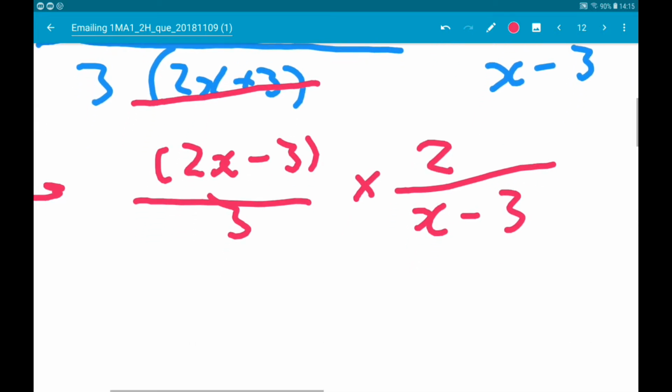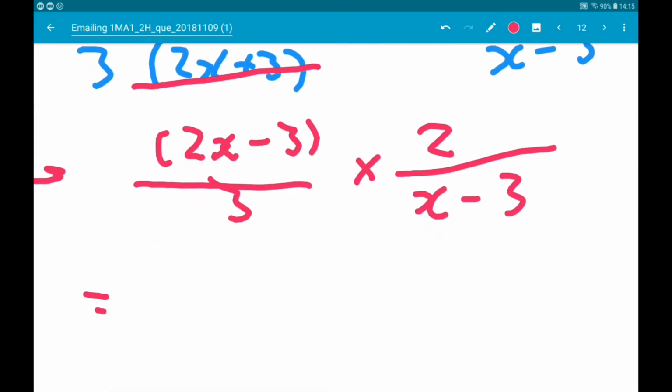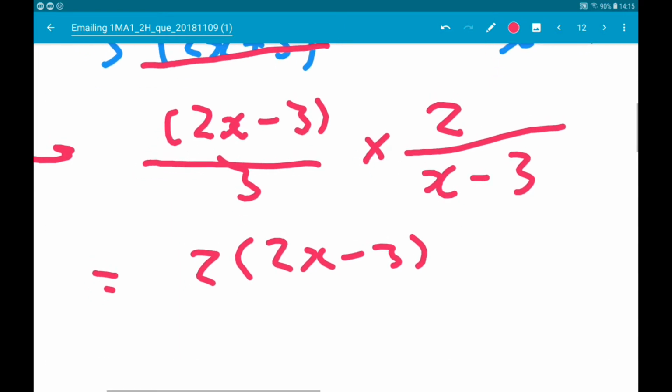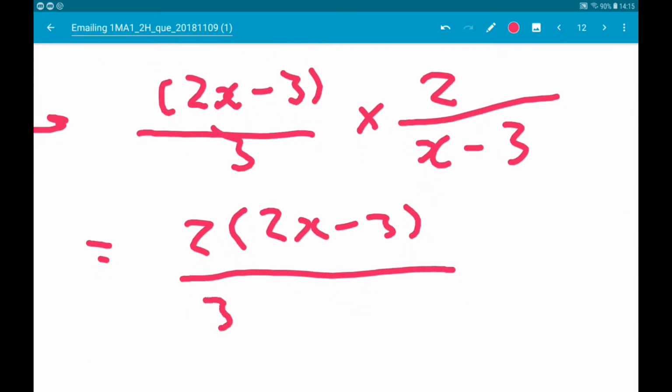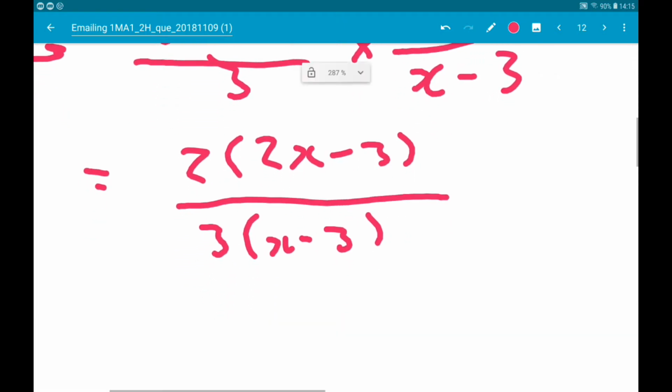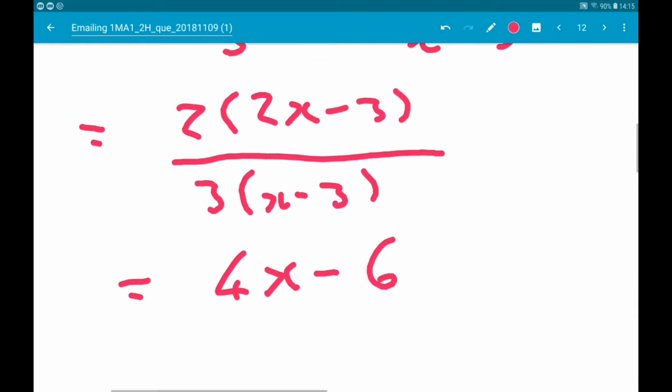So we have then 2 lots of 2x minus 3 all over 3 lots of x minus 3. Expand the brackets, and then we have 4x minus 6 over 3x minus 9.